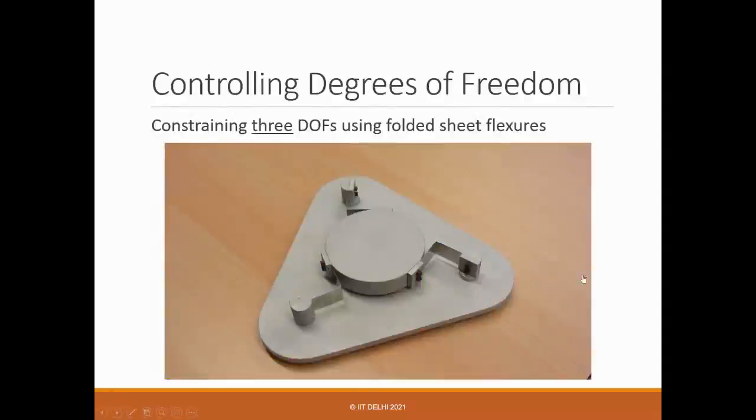And again here you see 3 leaf springs, right? One leaf spring here, one here, and one here. And these are like 4 lines you have. Along the 4 lines, you can see it's a constraint.